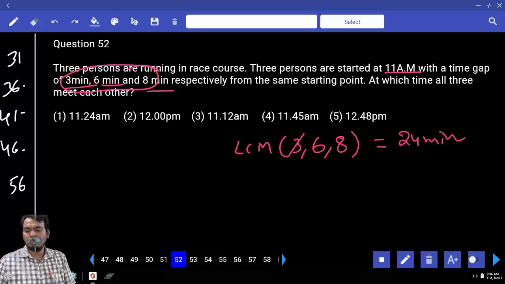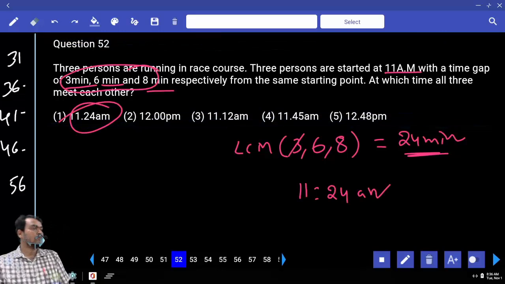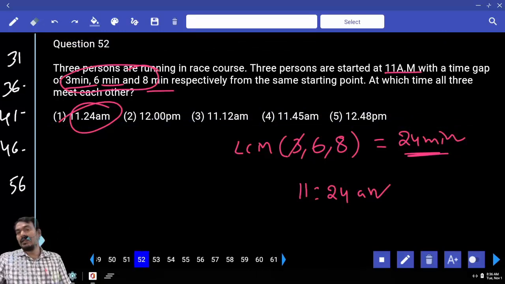After 11 am they will meet how many minutes? 24 minutes. Then at what time they will meet? 11:24 am or pm? Am. Just we are adding the LCM value to 11 am or not? We required common time. Common time means common multiple of given timings or not?